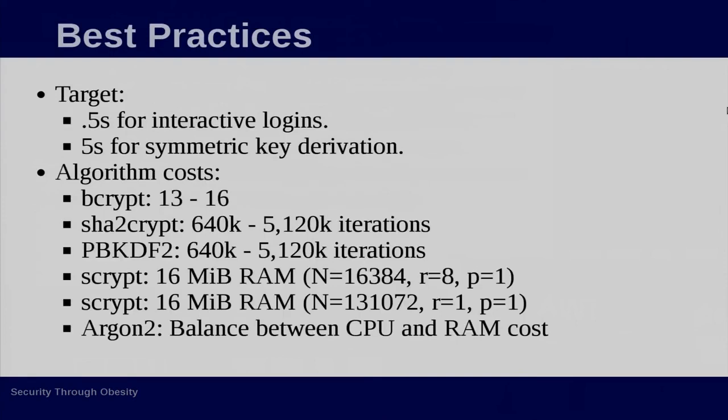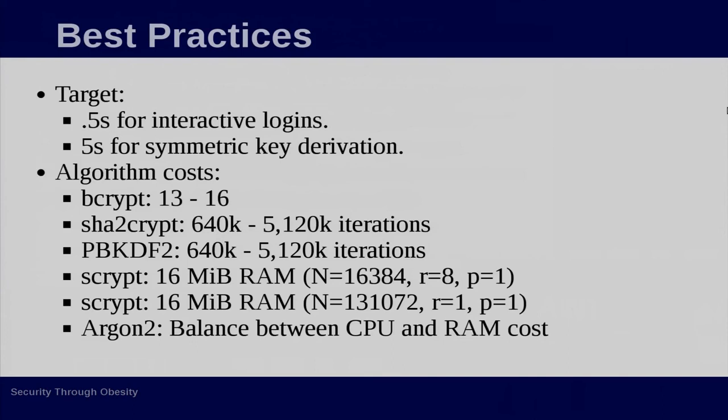So here's a summary of the best practices. I think you should target roughly half a second for interactive logins, like web pages, or 5 seconds for symmetric key derivation, like a password manager I'd be running on my laptop. If that were the case, then these are the separate costs for bcrypt, SHA-2crypt, PBKDF2, scrypt.